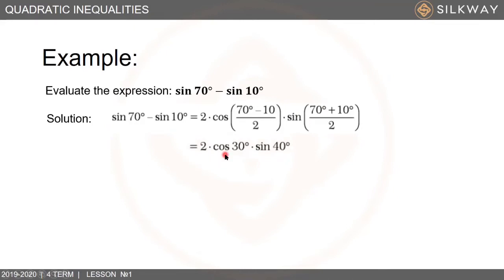And here we will have 2 multiplied by cosine 40 degrees multiplied by sine 30 degrees. We know that cosine 30 degrees will be square root of 3 over 2. And here the 2's are cancelled. And our answer will be square root of 3 multiplied by sine 40 degrees.